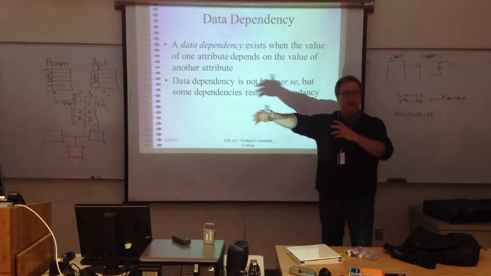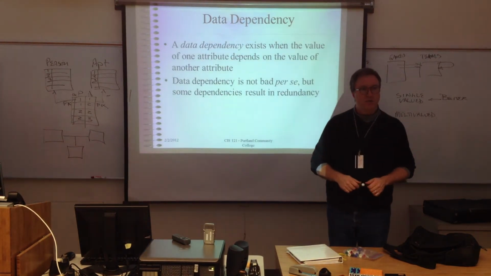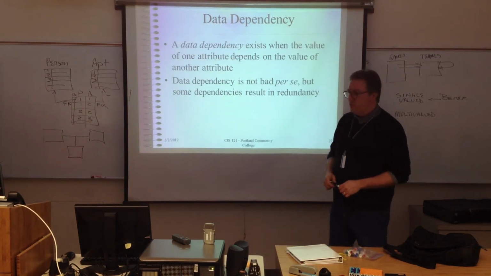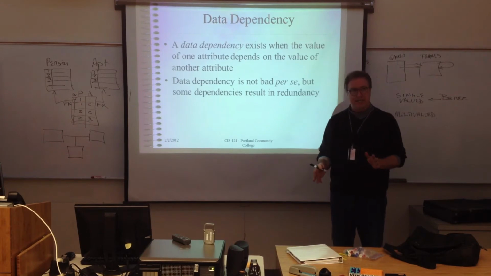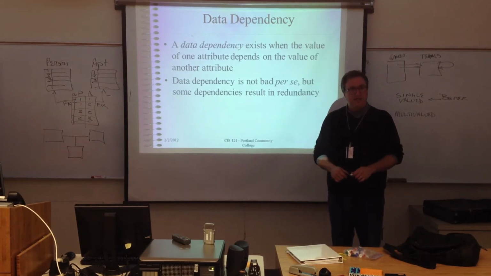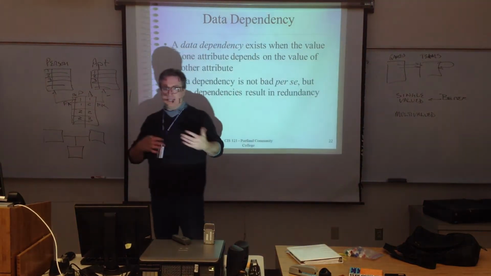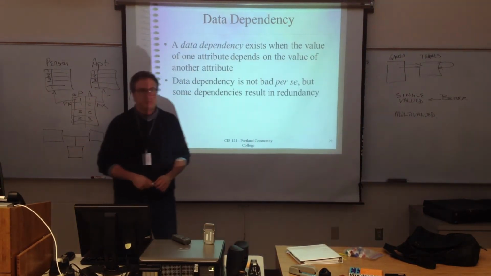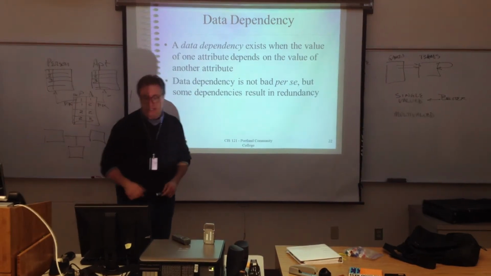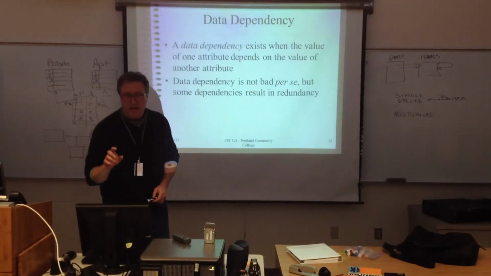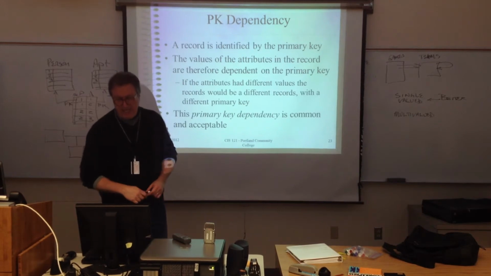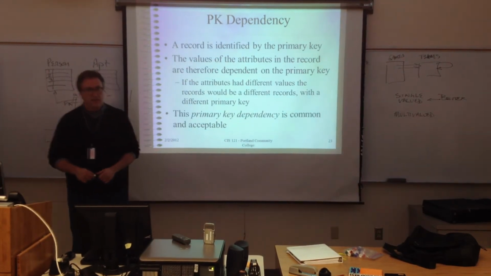I can always find the record if I know the primary key. So I'm not saying that dependency itself is bad. Dependency is part, certain things depend on other things. Being able to find out your name depends on me knowing your genome. And that's what I mean by dependency. However, there are times where dependency is not good. So let's take a look at that.